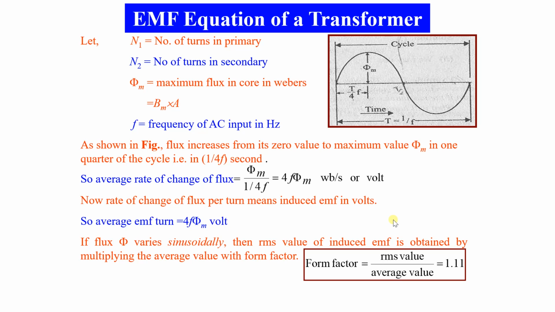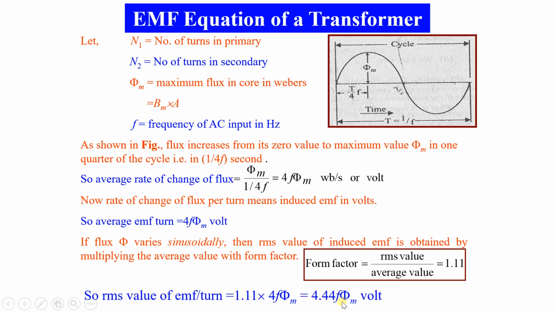As we know, form factor is equal to RMS value upon average value, and it is given by 1.11. So when we multiply it with the factor, the RMS value of EMF per turn is equal to 1.11 into 4f phi m. Then the equation will become 4.44 f phi m volts. So this is how we get this EMF value.